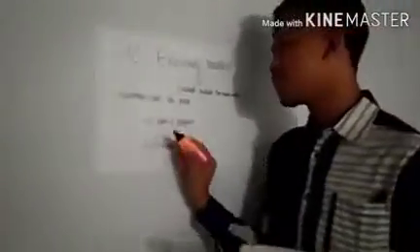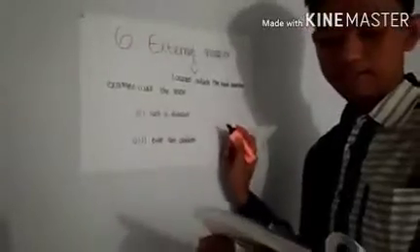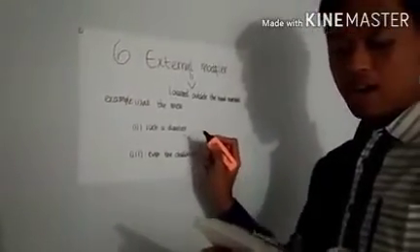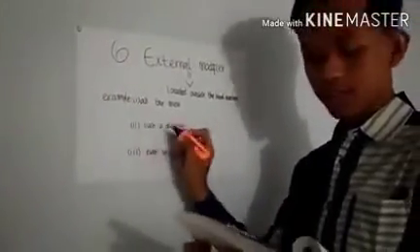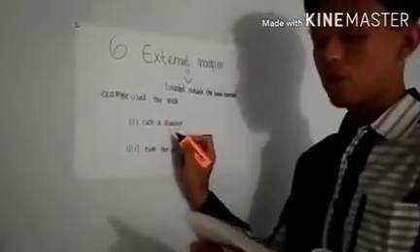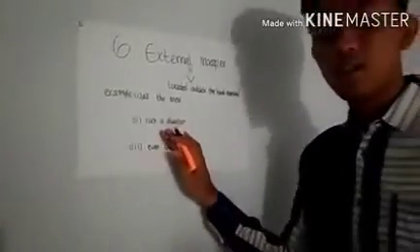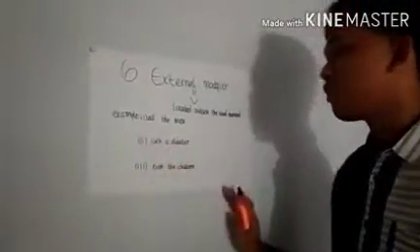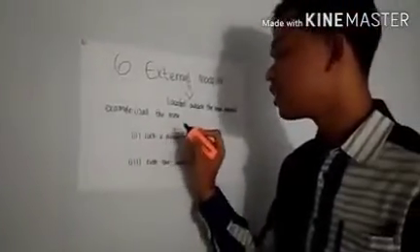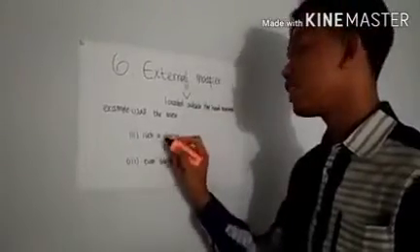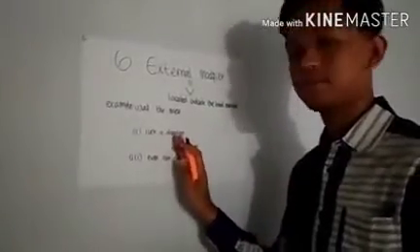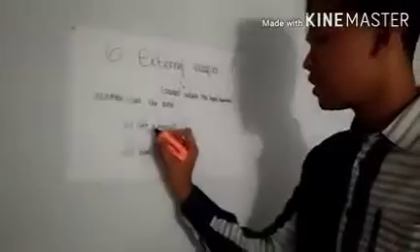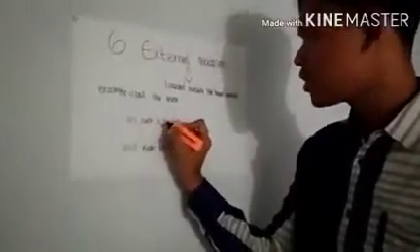Example number 2: such a disaster. Adjectives or adjective phrases occur as external modifiers only before the indefinite article a or an, as in such a disaster.